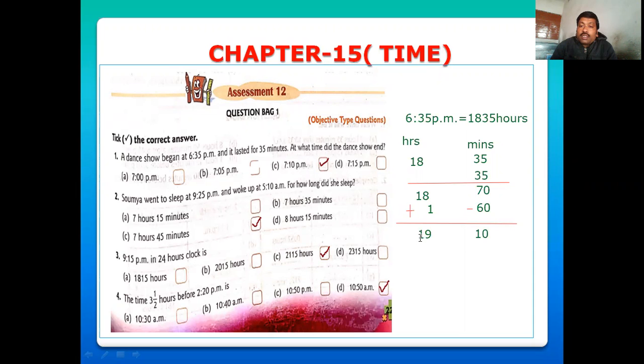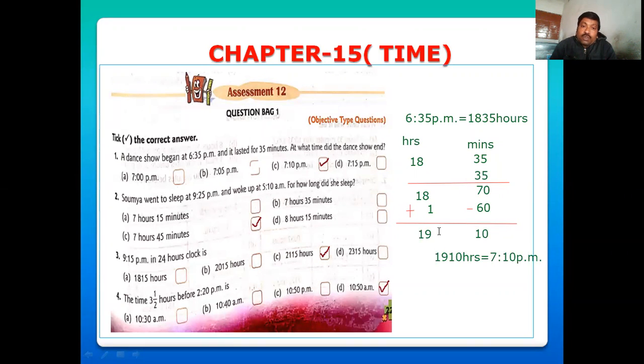So the answer is 19:10 hours. And when we change it into the 12-hour clock again, we get 7:10 p.m.